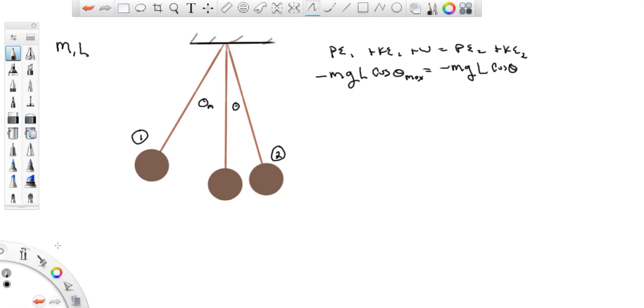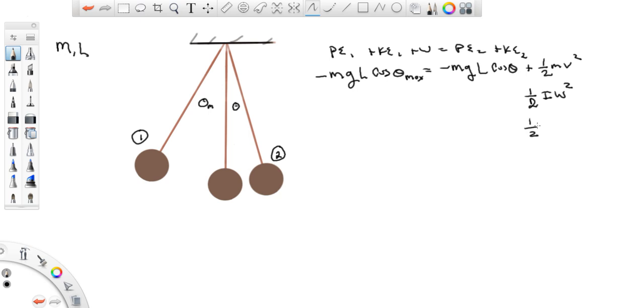Now, at position 2, we also have a kinetic energy. Now, you can actually write the kinetic energy a couple different ways. Right? Method number 1, we could write it 1/2 mv squared. And we'll do a little manipulating here in just a moment. Or we could treat it like an object rotating and write it 1/2 I omega squared.